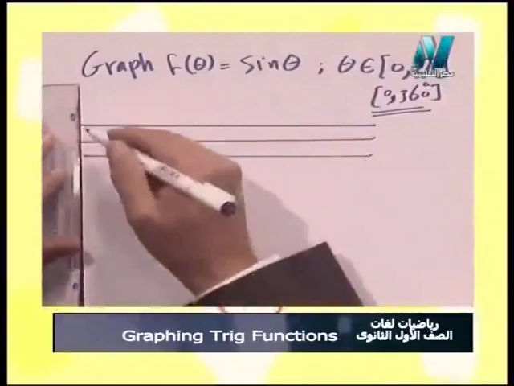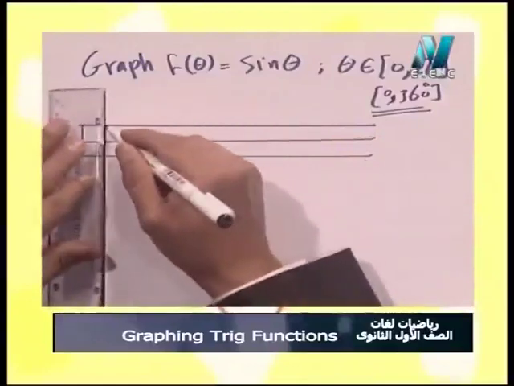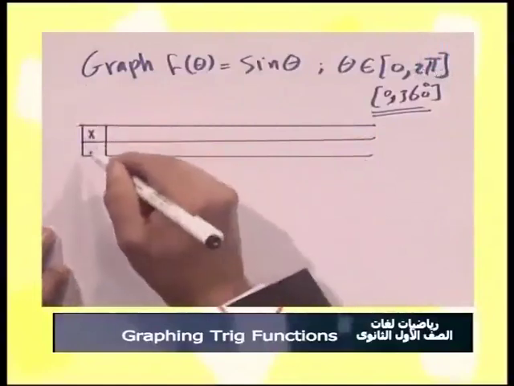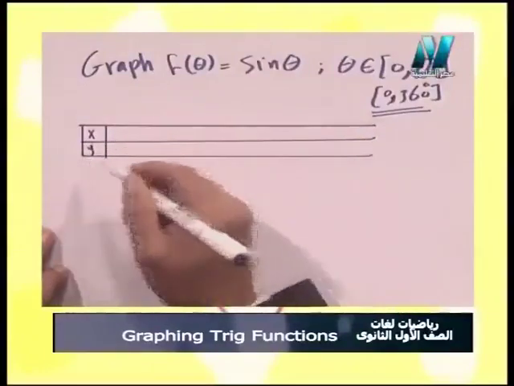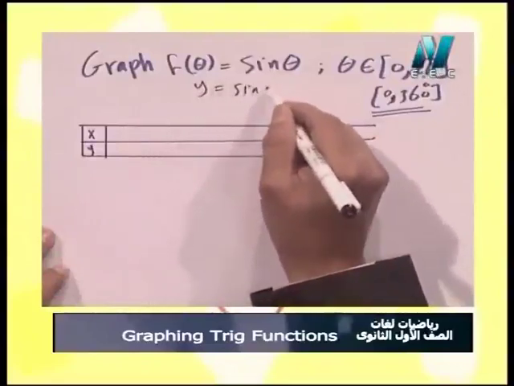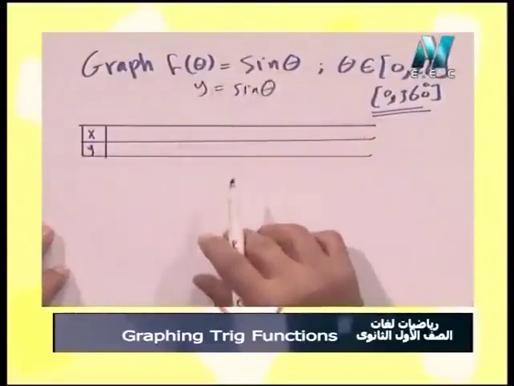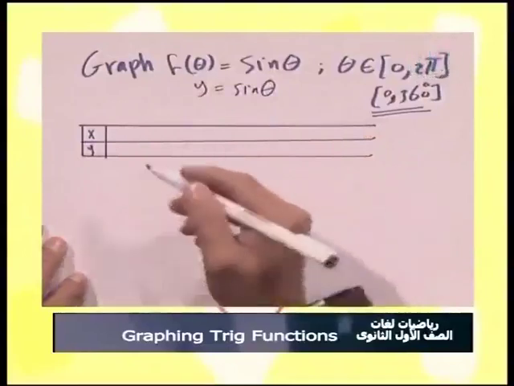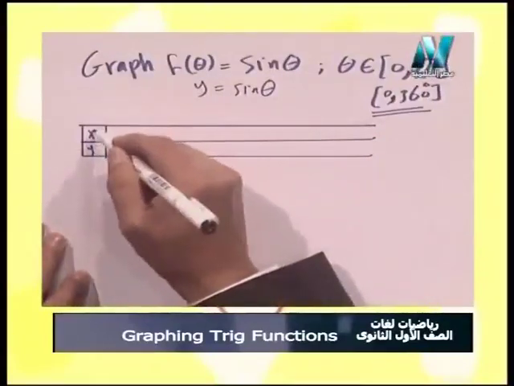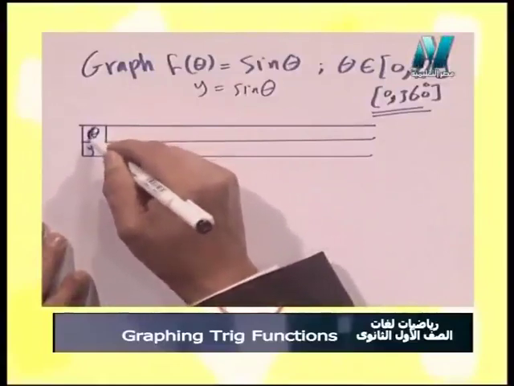This is x and y, where y equals sine x or sine theta. We can say theta and y, which is more correct for theta.